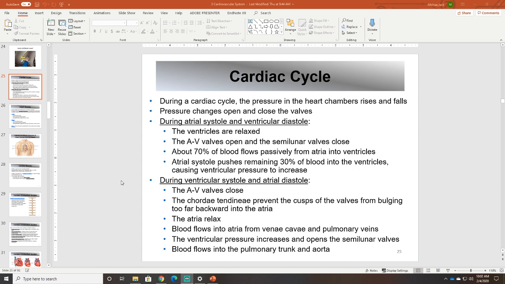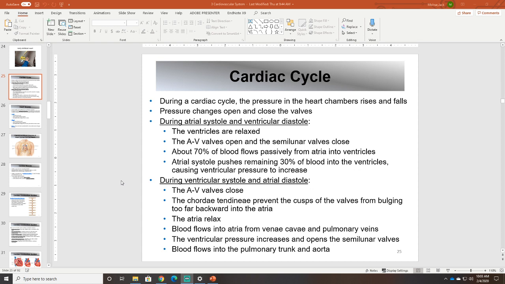The atrioventricular valves include the tricuspid on the right side and the bicuspid or mitral valve on the left side. The semilunar valves include the pulmonary valve on the right side, which leads to the pulmonary trunk and then pulmonary arteries, and the aortic valve, which leads from the left ventricle to the aorta, the largest artery.